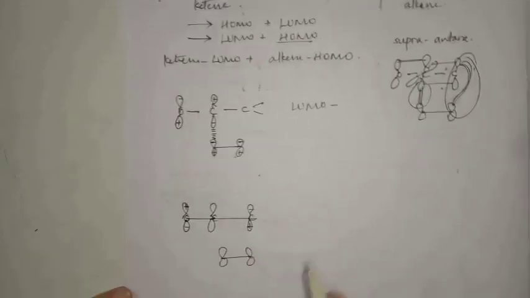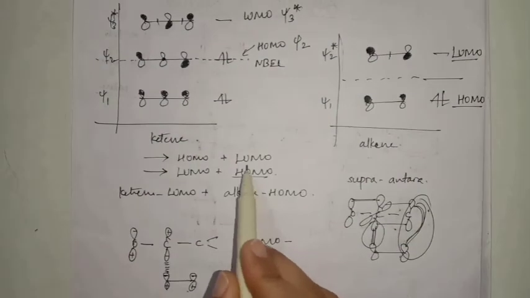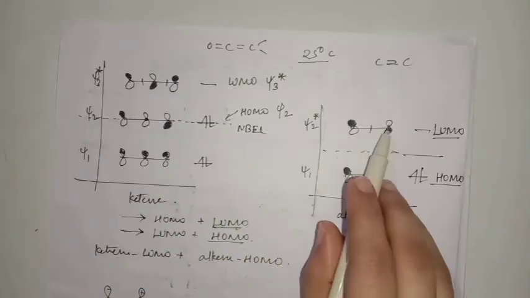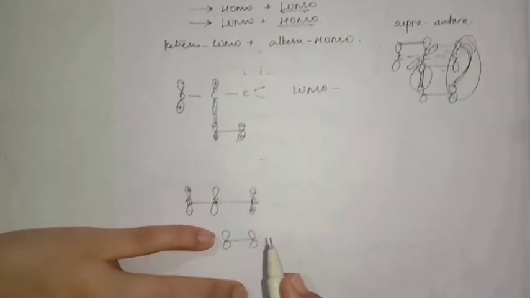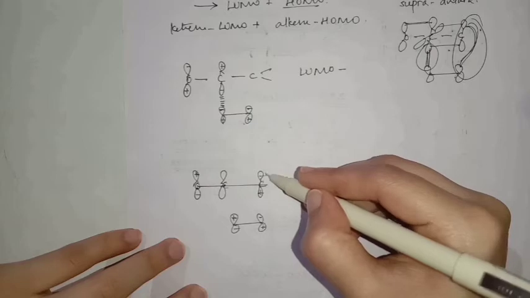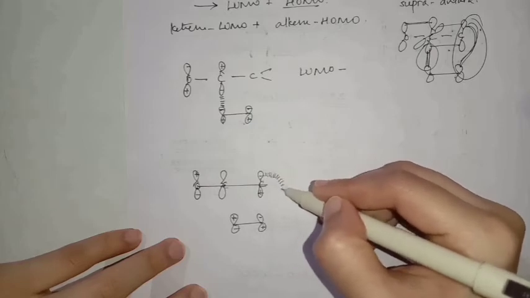Now for the second condition, we have to take the LUMO of the system. The LUMO of the system is psi2 star. So psi2 star will be plus and minus, right? So just take plus and minus. Here is the plus, here is the minus, minus, plus. Now you can easily do the interaction between these two.